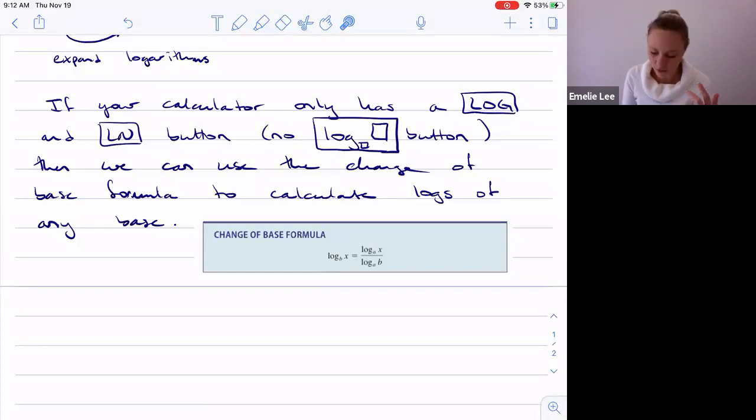Of course, if you only have the common log, log base 10, or the natural log, log base e, then you should be using one of these two buttons as log base a. I always use the natural log. It's easier to write, and I think it's the quickest one. And so as long as you're using log base a, which is the same for both of these, then you split up the log. So x goes to the numerator, and the base goes to the denominator.